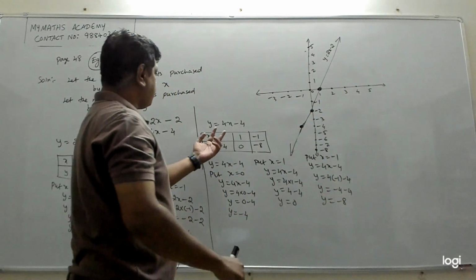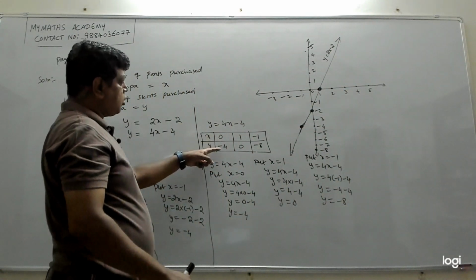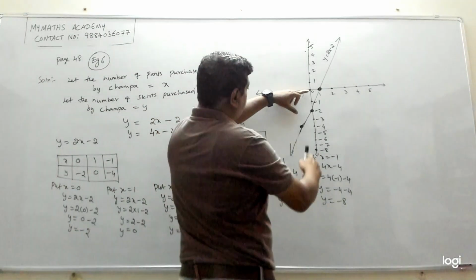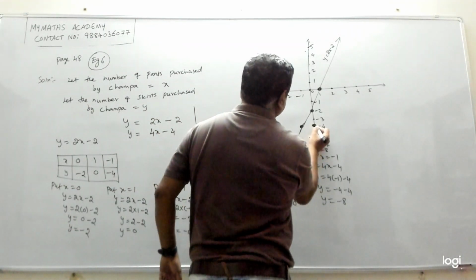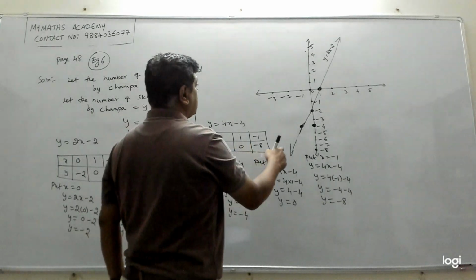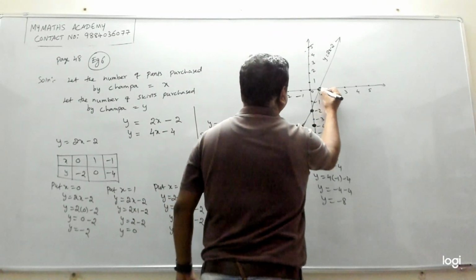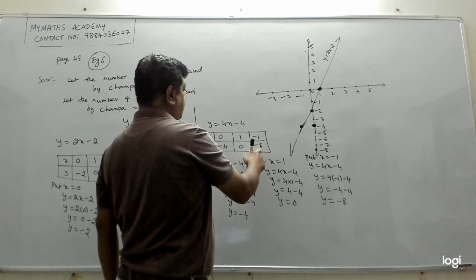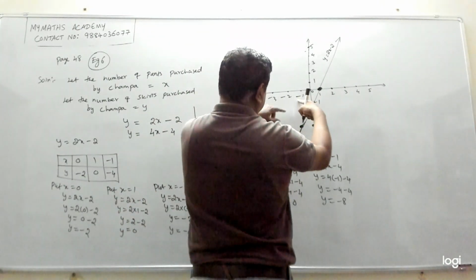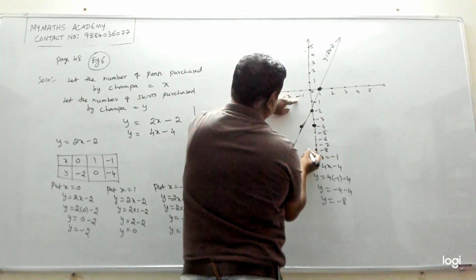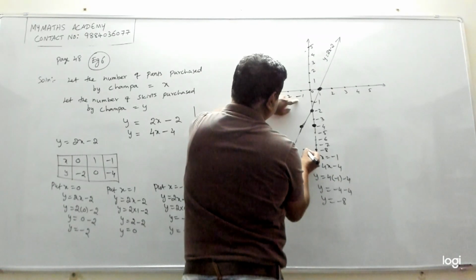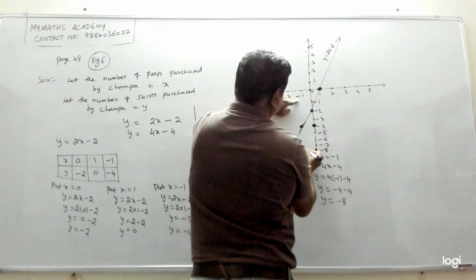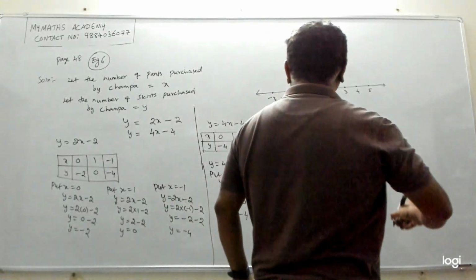Now we need to draw the graph for this one. So let's plot the point 0 comma minus 4. X is 0, y is minus 4. So it will come here. Then 1 comma 0. 1 comma 0 is again this point. Then minus 1 comma 8. Minus 1 is here, 8 is here. So this point. Now we need to join these 3 points.